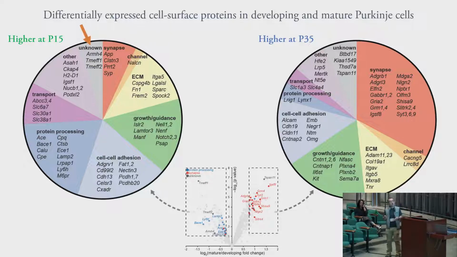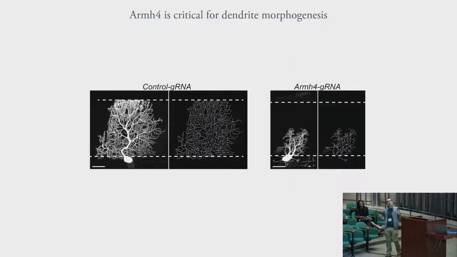This data inspired us to ask whether we can use it to find new regulators controlling Purkinje cell development. We focused on those unknown molecules shown here. And indeed, we found one called AMH4, a molecule that has never been studied in the nervous system at all. Purkinje cells grow really beautiful arbors in wild-type animals. When we knock out AMH4 by CRISPR, the arborization process is severely disrupted, with much shorter dendrites and less complexity.